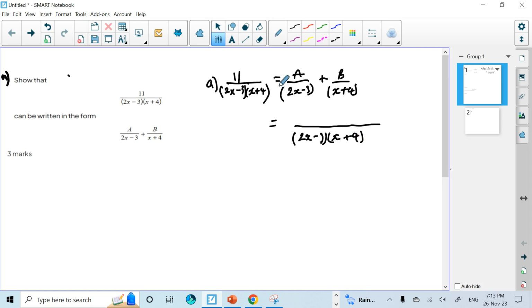So we have 2x minus 3 and x plus 4 as our LCM. And of course, a goes into that, the other. So it's a multiplied by x plus 4, plus b by the other, which is 2x minus 3.